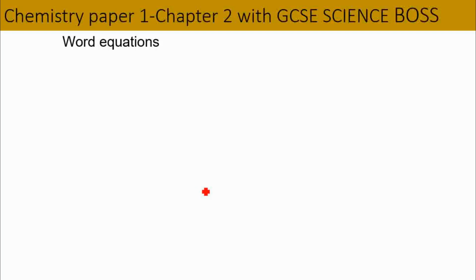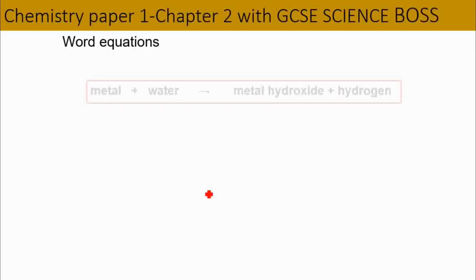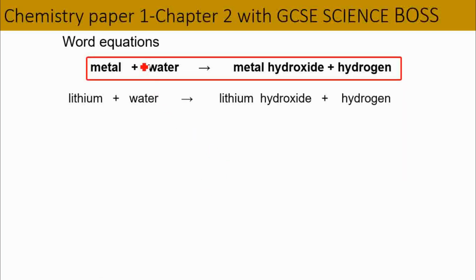So when group 1 metals react with water, they form their corresponding metal hydroxide and hydrogen gas. And this metal hydroxide is the reason why it is an alkaline solution, which is why they're called alkali metals. So let's see if we can write an equation for this.